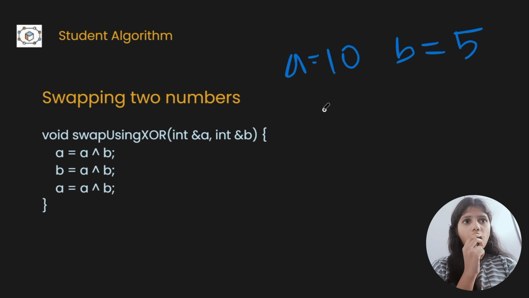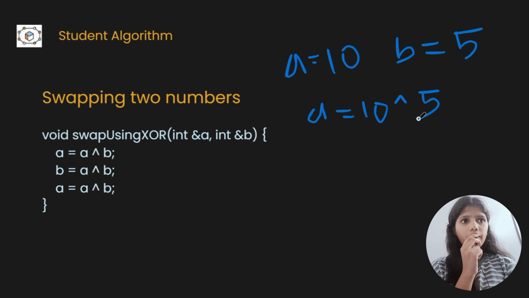So now a is equal to 10 XOR 5, right? B is equal to a XOR b. What is a here now? A is 10 XOR 5, XOR b. What is b? B is equal to 5.